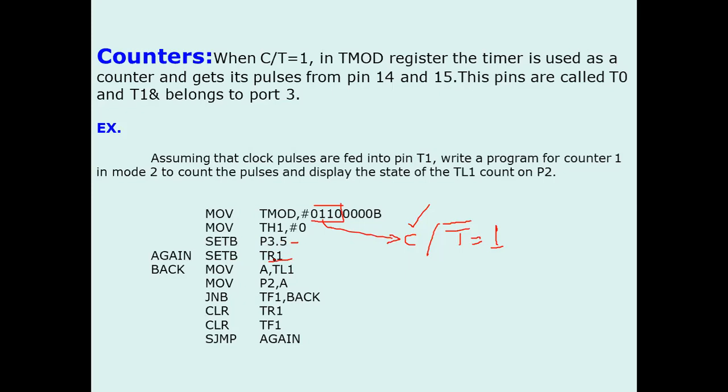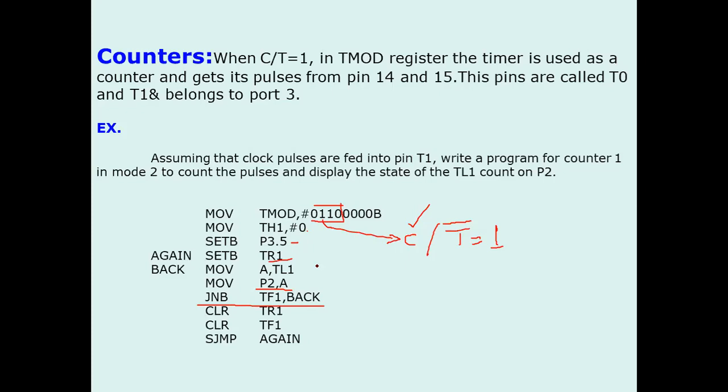Whatever value is in TL1 is moved to the accumulator, and from the accumulator it goes to P2. As it is in mode 2, the TH1 value, 00, will automatically be loaded into TL1, and then the TF1 bit is checked continuously, whether it is set or not.